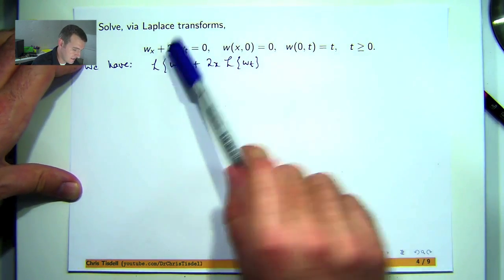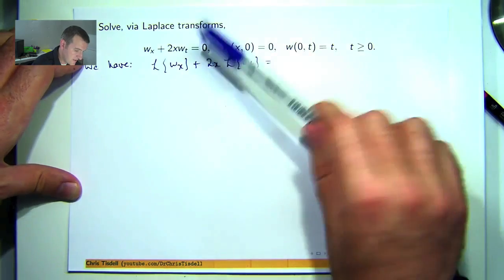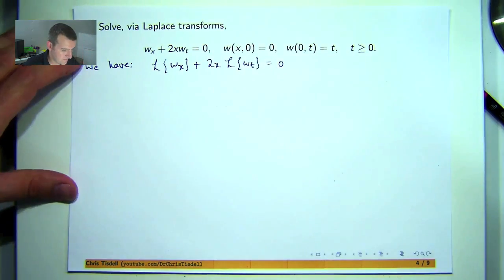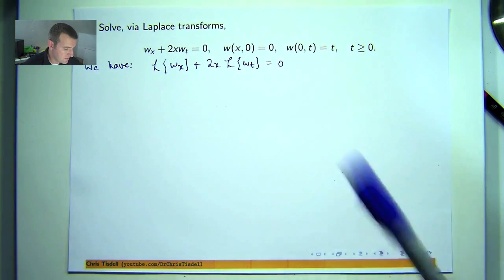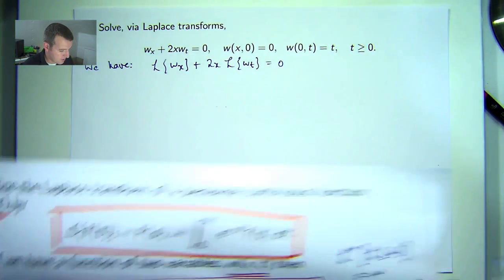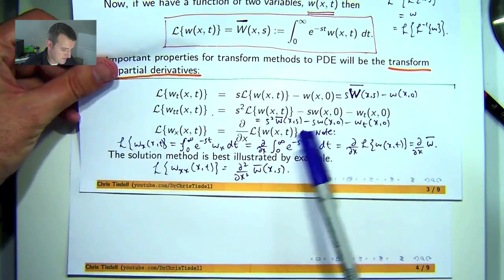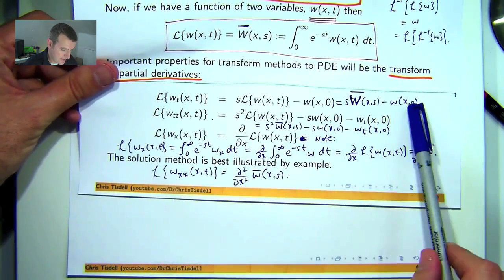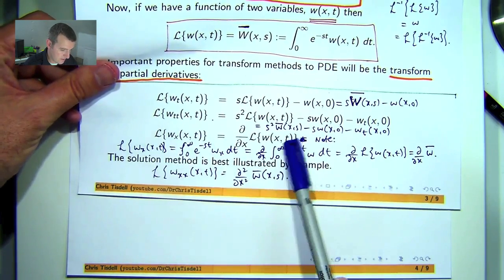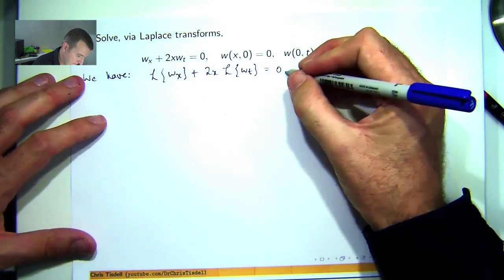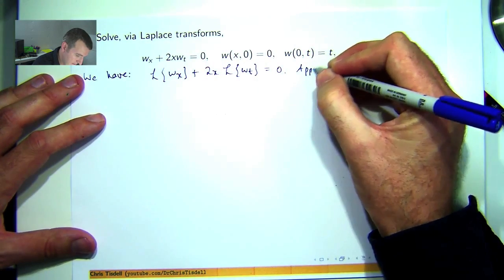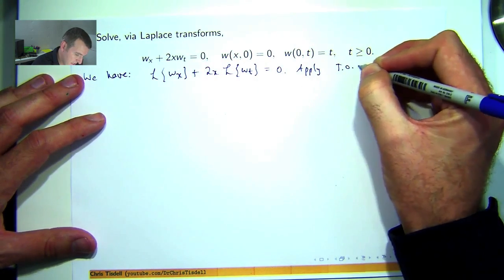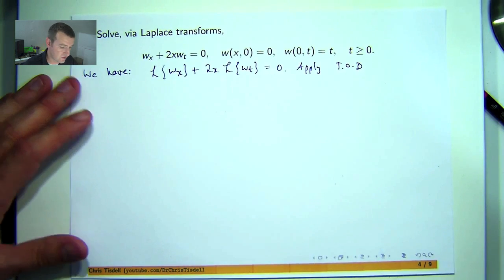So we imagine that x is essentially a constant here. Transform of 0 is 0. Now what I can do is simplify this a little bit by using my transform of derivatives. Okay, so up here I'll get that, and I've got this as well. TOD is going to stand for transform of derivatives.